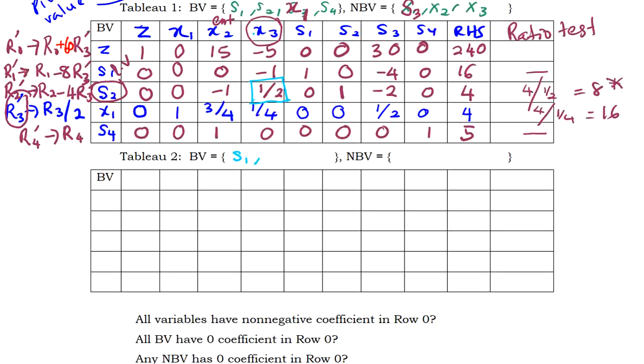So here X2 will become a new BV, sorry, X3, and then X1, S4. So NBV other than these 4: X2, S2, and S3. Okay.